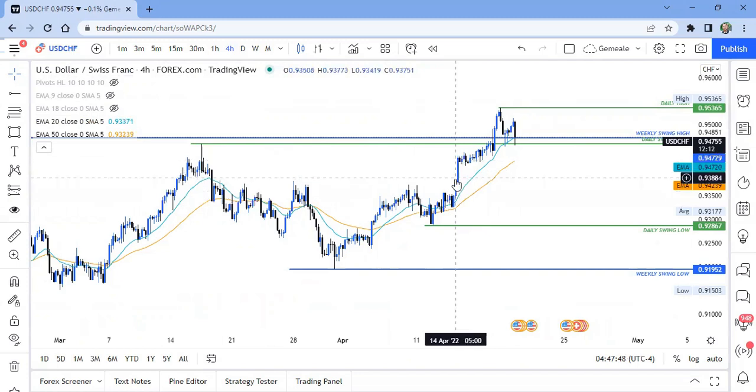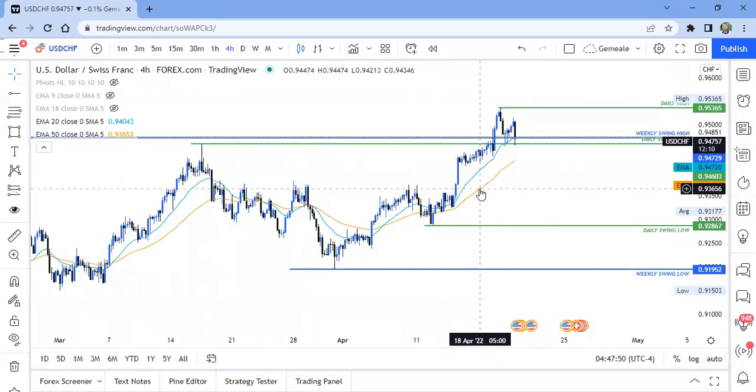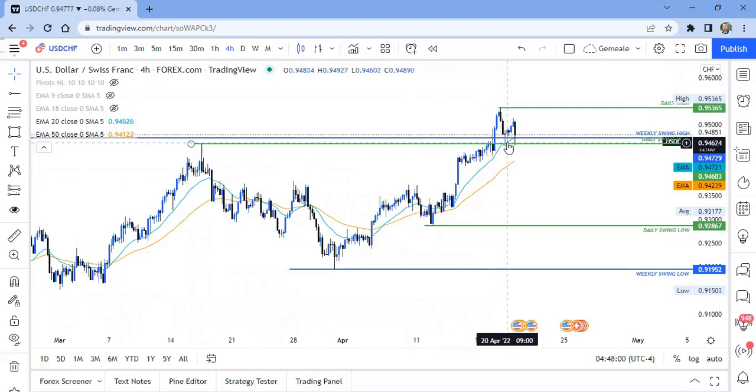Thereafter, we had this large rally higher, and the EMAs are starting to fan out. Okay, then the market came back, almost supported by the 20 EMA. Then the 20 EMA supported once, twice, and three times. So when we see this, we see that the EMA is supporting a strong uptrend within this time frame.